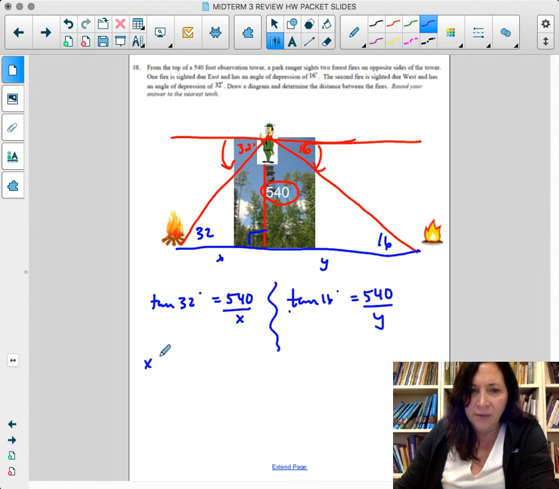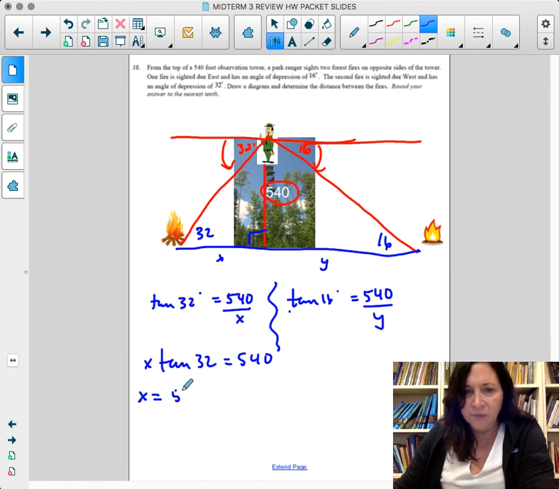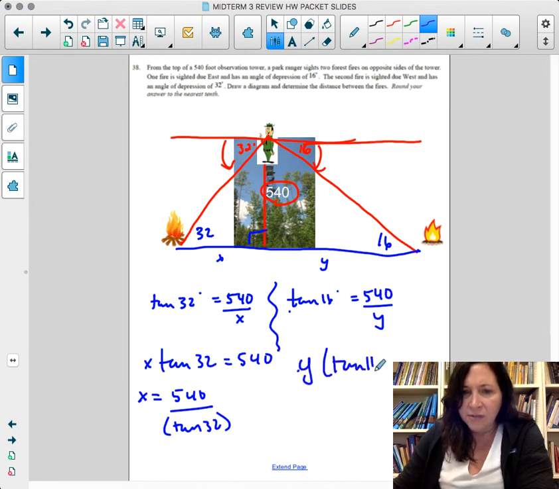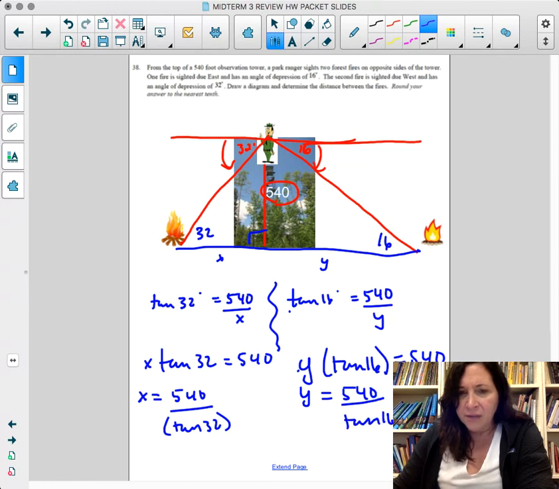We have x times tangent of 32 is equal to 540, so x equals 540 divided by tangent of 32. This one is y times tangent of 16 is equal to 540, so y is equal to 540 divided by tangent of 16 degrees.